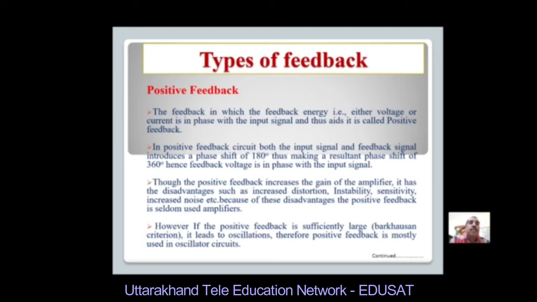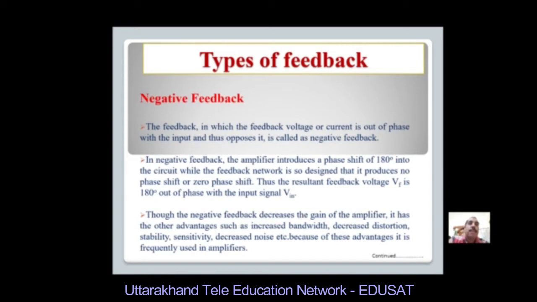The basic use of positive feedback is in oscillator circuits, because when the positive feedback is sufficiently large, it leads to oscillations. This criterion is called the Barkhausen criterion, which we will discuss in another presentation.